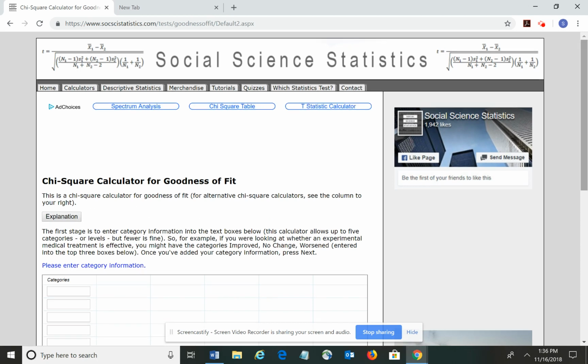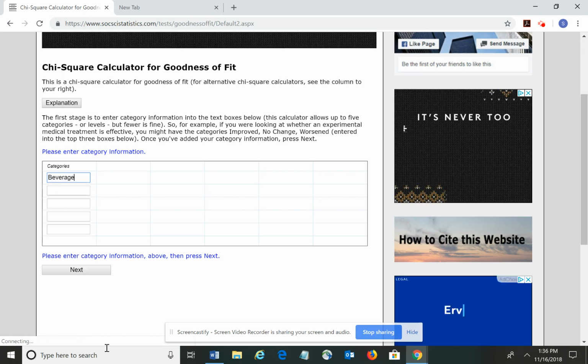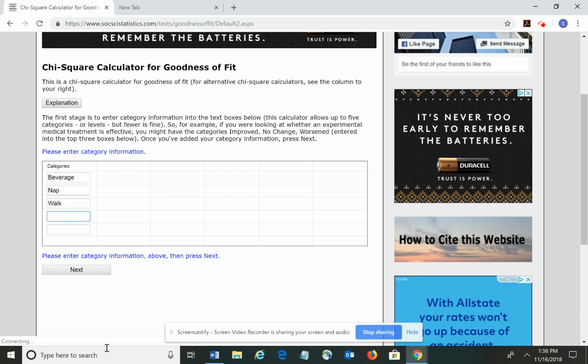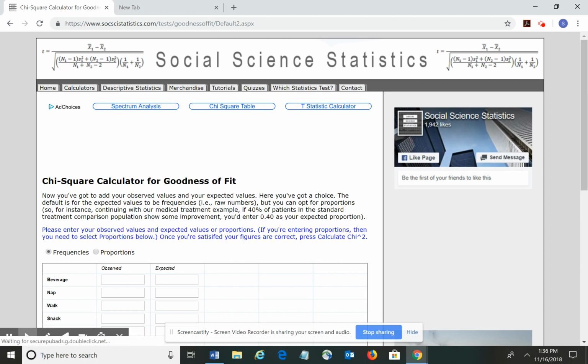Chi-square goodness of fit. The first thing you enter are the categories. So we had beverage, nap, go for a walk, eat a sugary snack, and other. So you type in the categories, click next, and then you need to enter the observed and the expected.